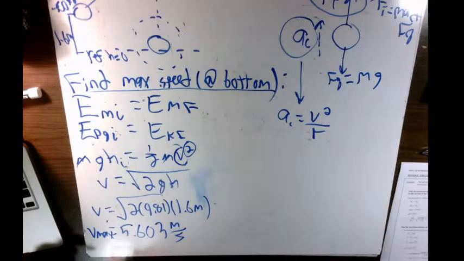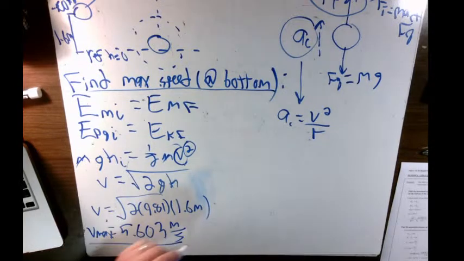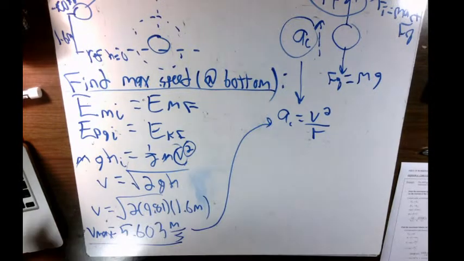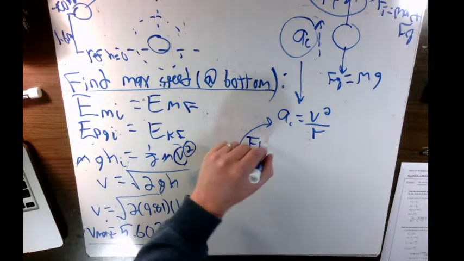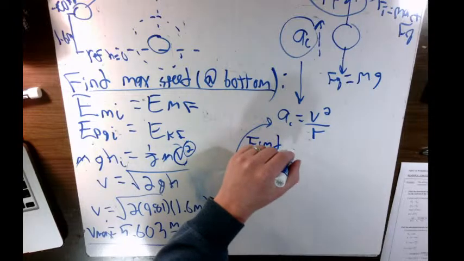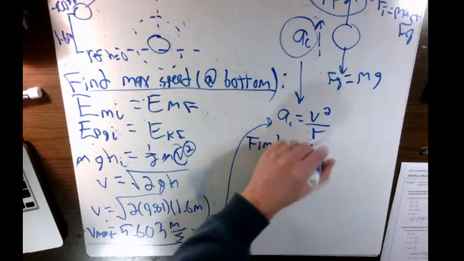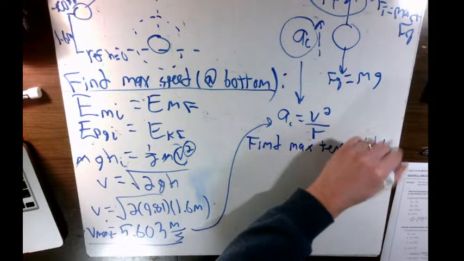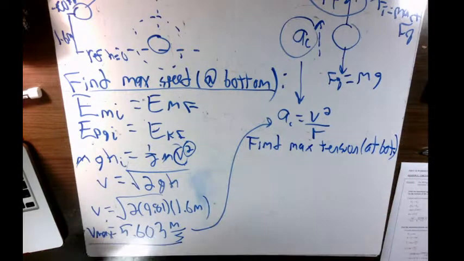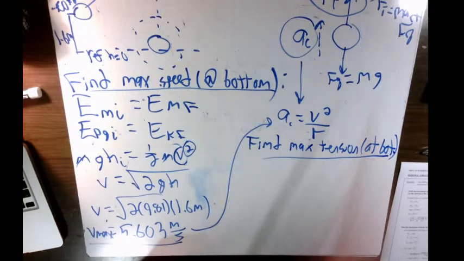So we're going to use this speed to find our centripetal acceleration, because we're now trying to find the max tension, which is also at the bottom. So we're going to restate this force of tension here.